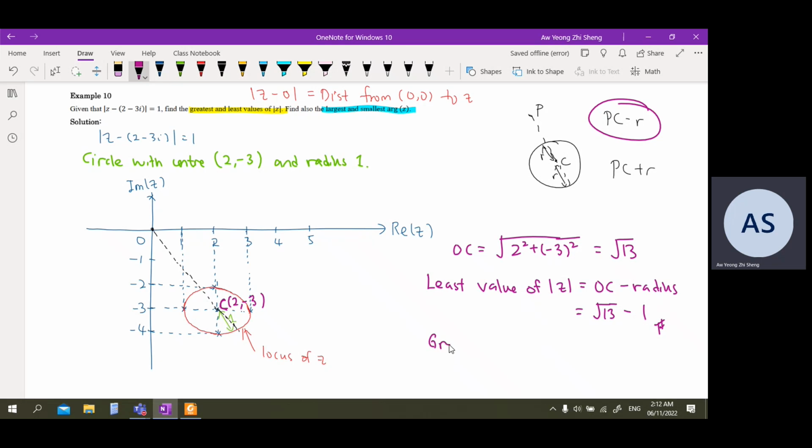The greatest value of modulus Z, that will be OC plus radius.